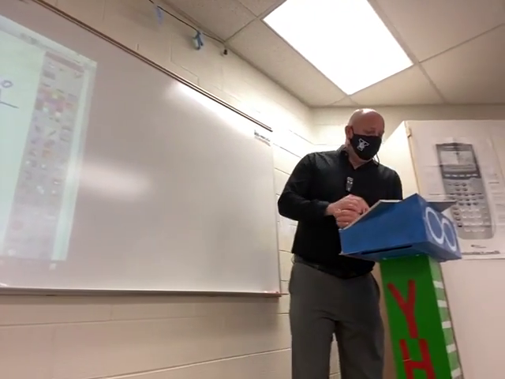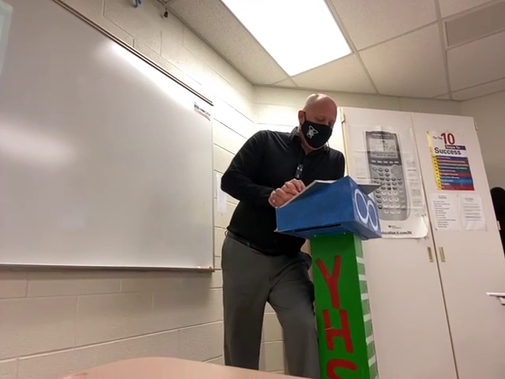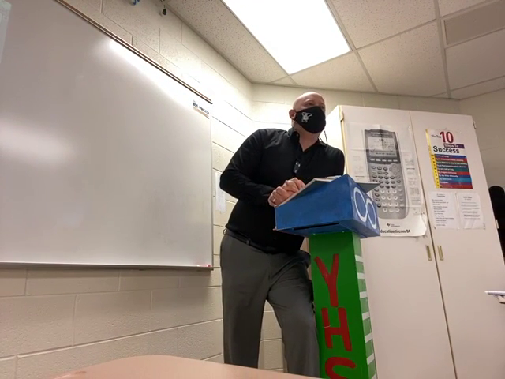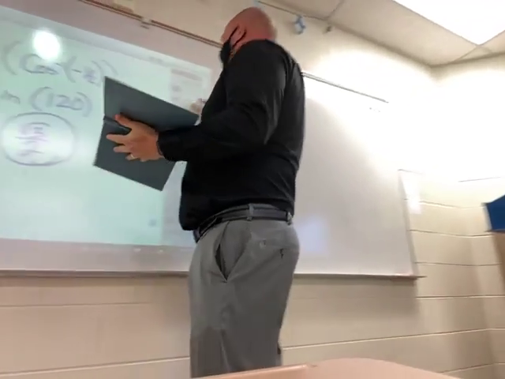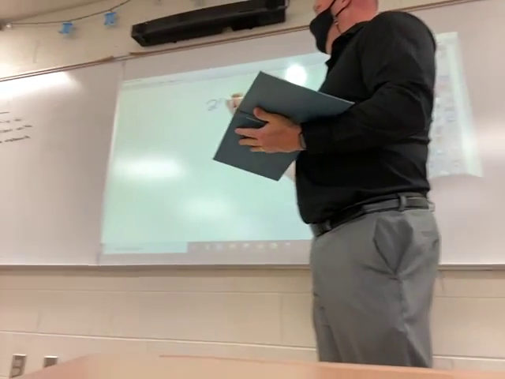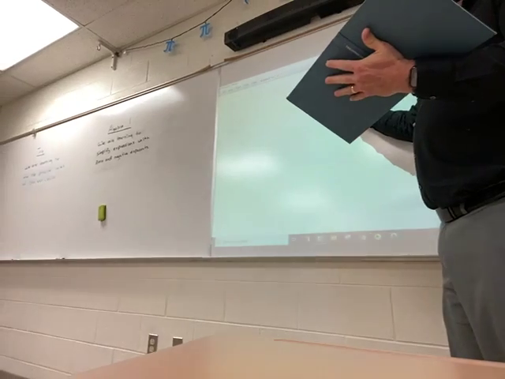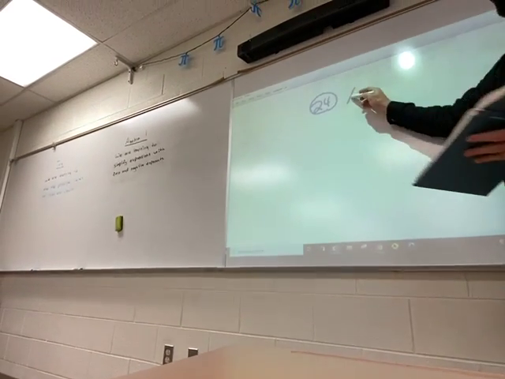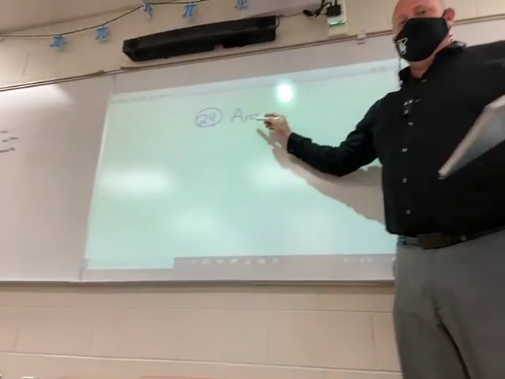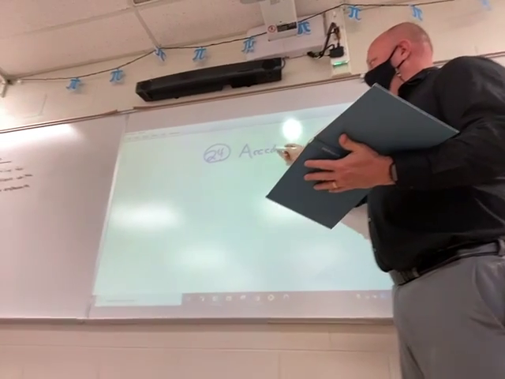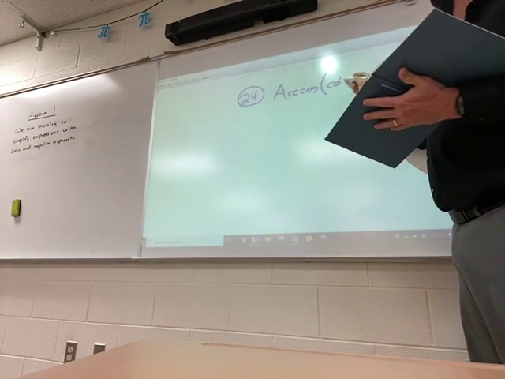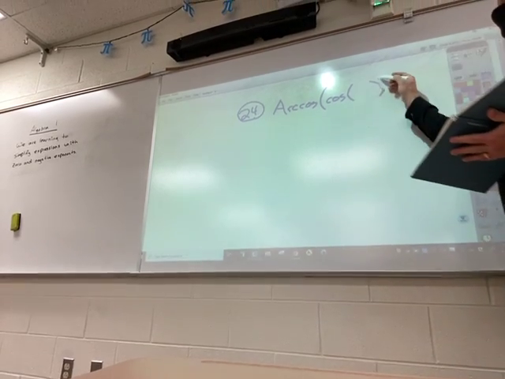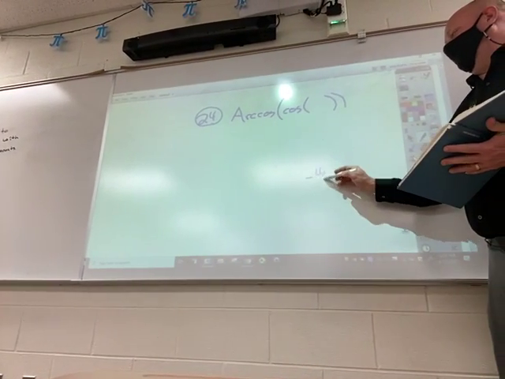When you get to questions like 24, 26, 28, just convert them to degrees. Don't write negative 4 pi over 3. When you do 24, just write the inverse cosine, so arc cosine of cosine of, but I wouldn't write negative 4 pi over 3.